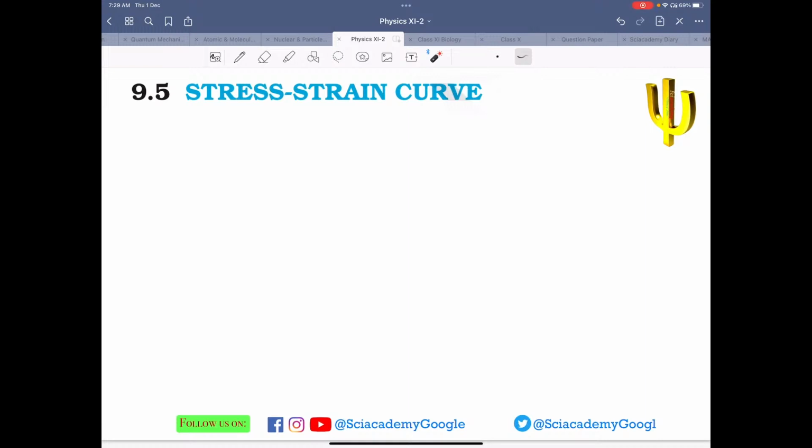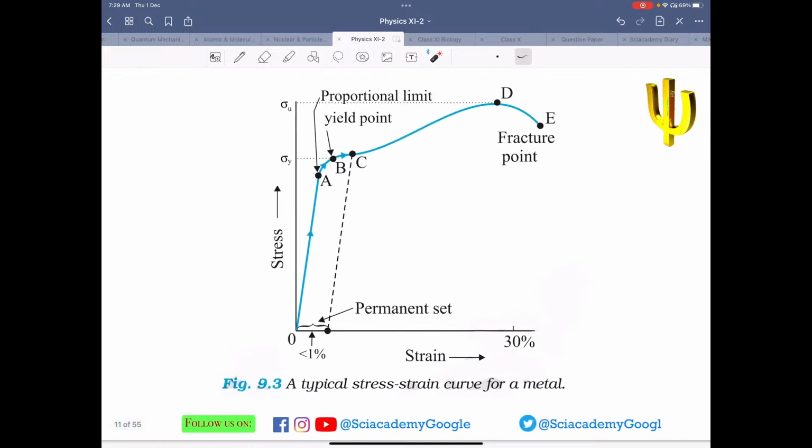When we study the stress strain relationship for a given material, we find this type of curve, and this curve is the stress strain curve. This is for a typical material.